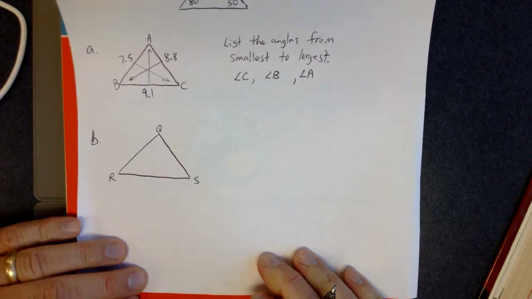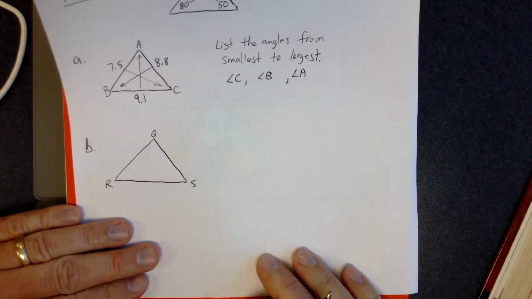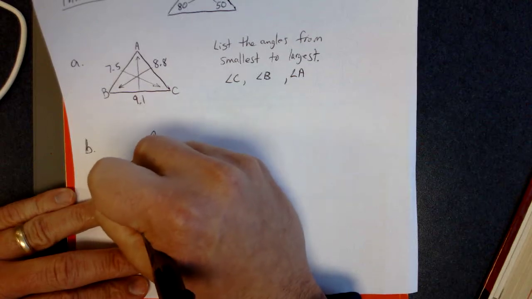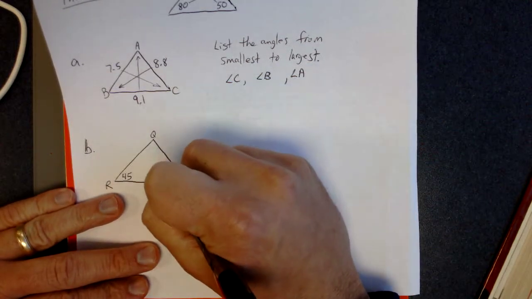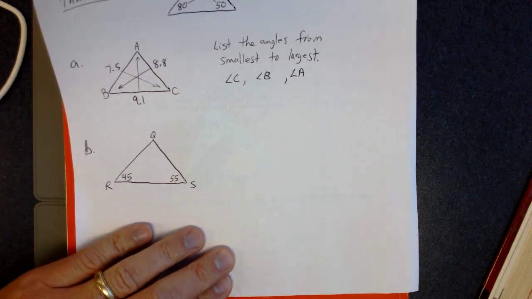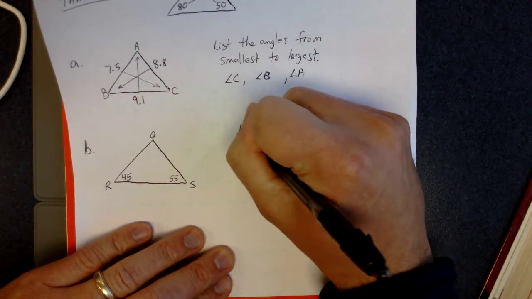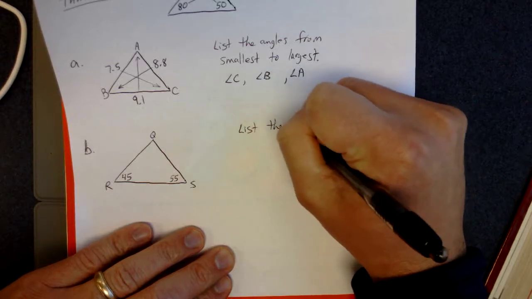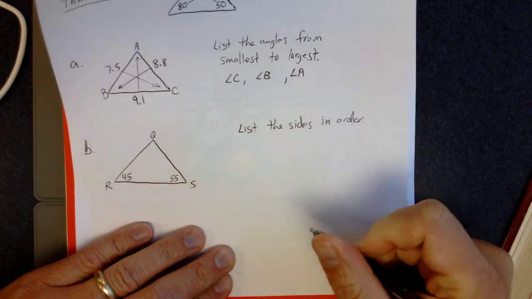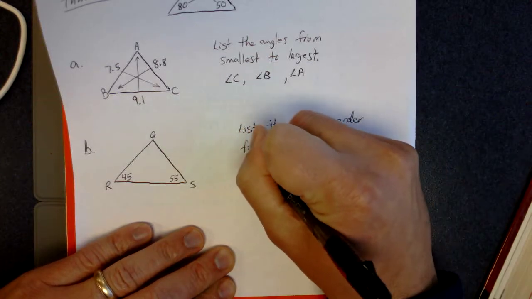Q, R, and S. And this time around they're going to give us two angles on the triangle. We're going to have a 45-degree angle here and a 55-degree angle here. And this time they're going to ask us to list the sides in order. And let's see, this time let's go longest to shortest.